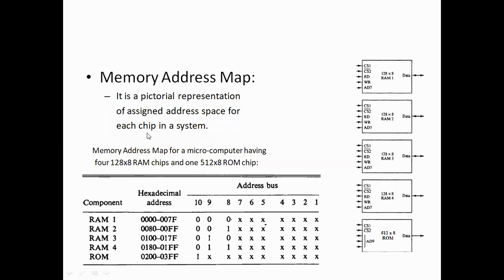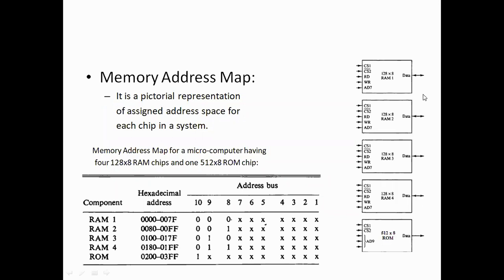Let us take an example. Let us say I have a microcomputer which has 4 RAM chips of 128 into 8, 1, 2, 3, and 4, and it has one ROM chip of the size of 512 into 8.